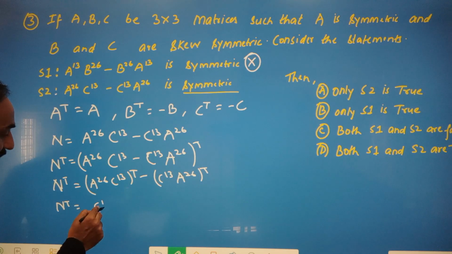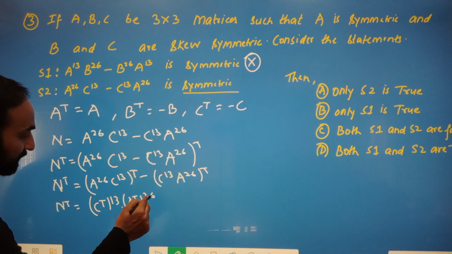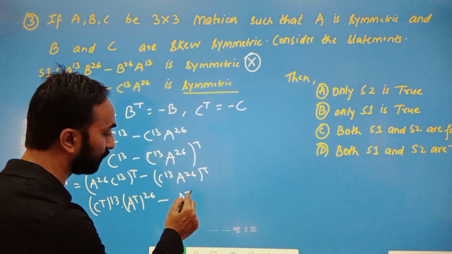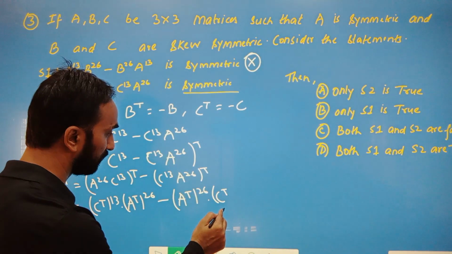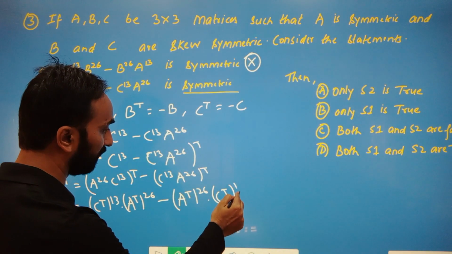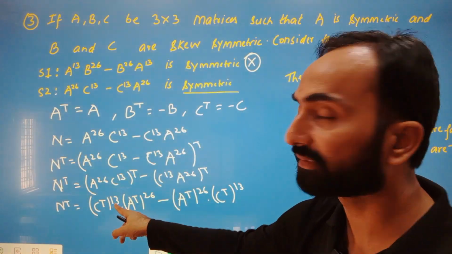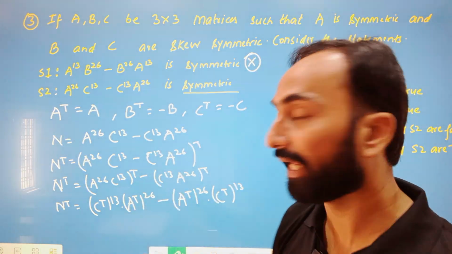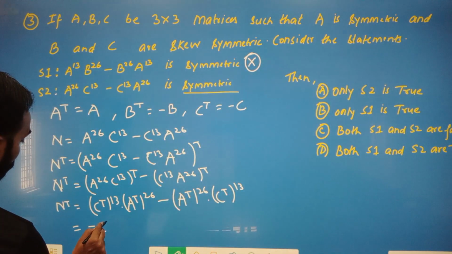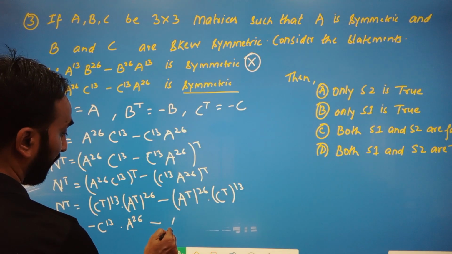Now I can write it as C transpose to the power 13 multiplied by A transpose to the power 26, and A transpose to the power 26 multiplied by C transpose to the power 13. Now C transpose is minus C. Here the power is odd, so I cannot write it as C to the power 13.